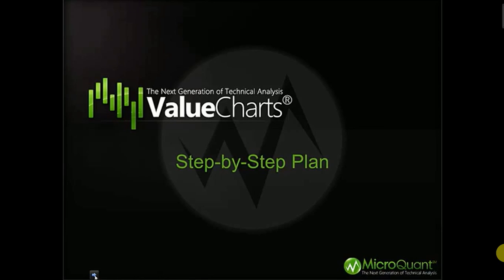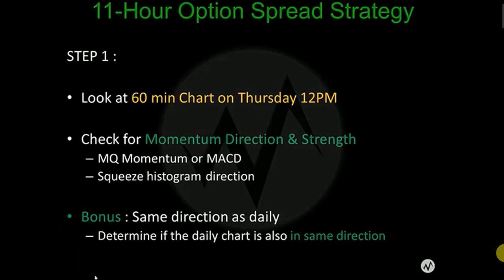All right. So the 11-hour option spread strategy, step 1: look at a 60-minute chart. Thursday, 12 noon. That's very straightforward. You can look at a number of different stocks. I'll show you the ones I do. But look at a 60-minute chart Thursday at 12 noon.